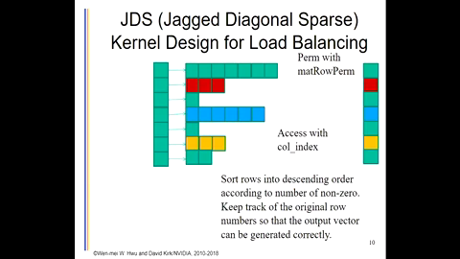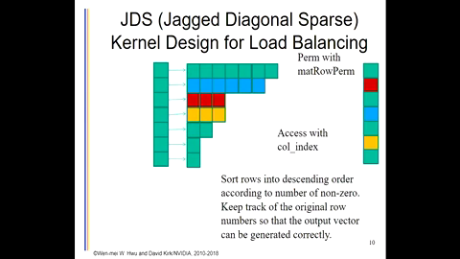And so the JDS immediately solved the control flow or control divergence problem by sorting the rows, right? So now we have the rows sorted. And whenever we sort these rows, we're reordering the data as well as the column index. The data and the column index elements need to move together when we sort these rows.